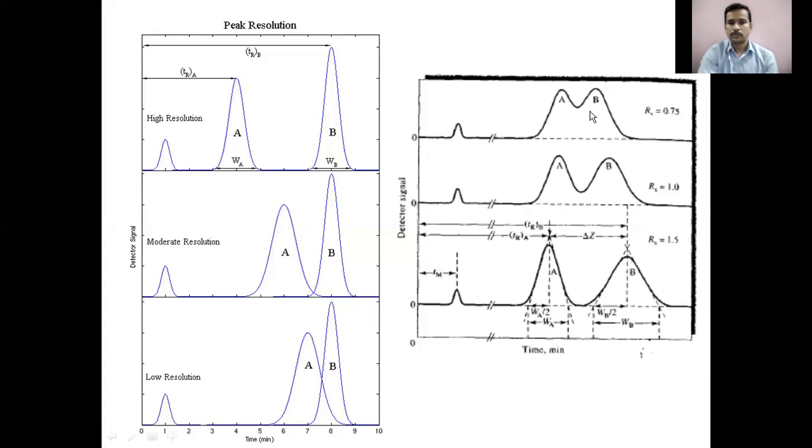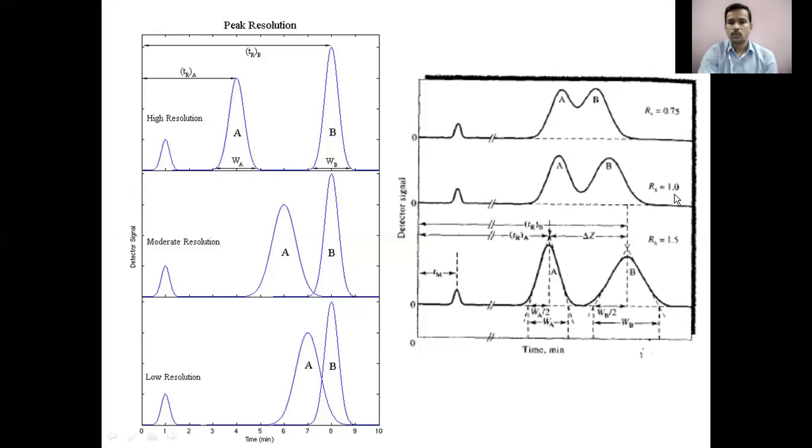This is the first chromatogram for the elution of solute A and B, this is the second chromatogram for the elution of solute A and B, and similarly, this is the third chromatogram. Here, the resolution is 0.75. Degree of separation of solute A and B is very less here because solute A and B are showing more overlapping. Peak separation has not taken place here. Therefore resolution is only 0.75.